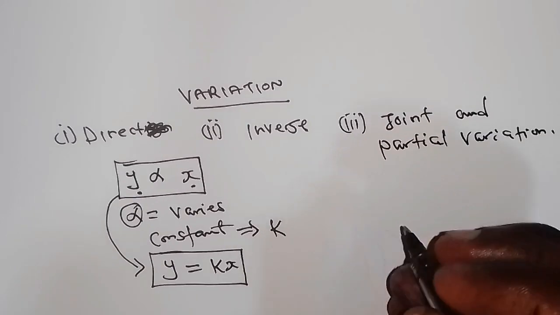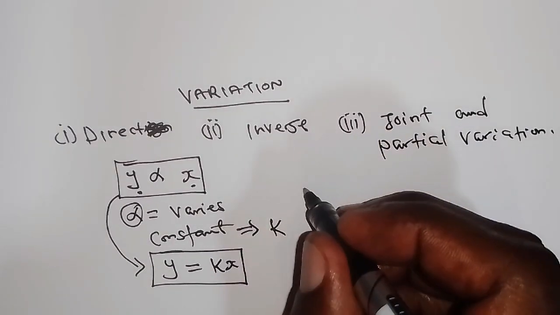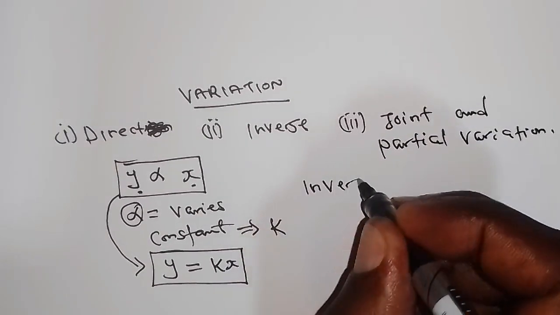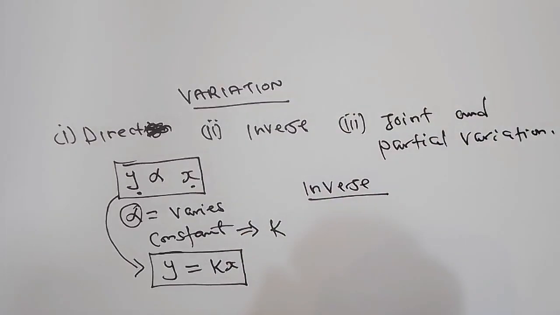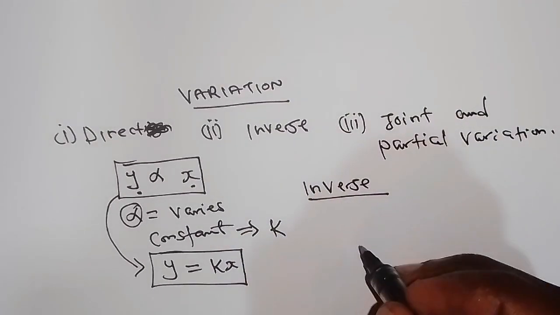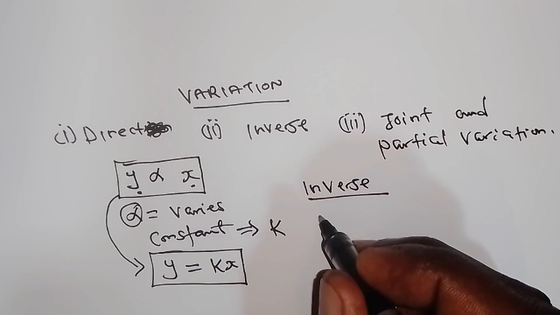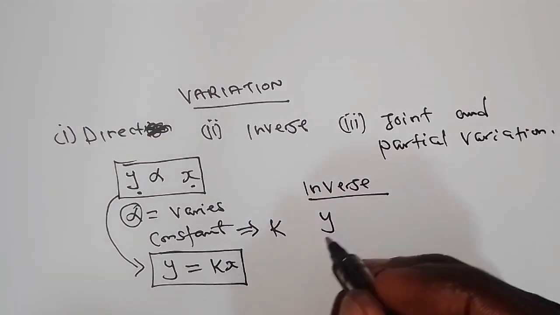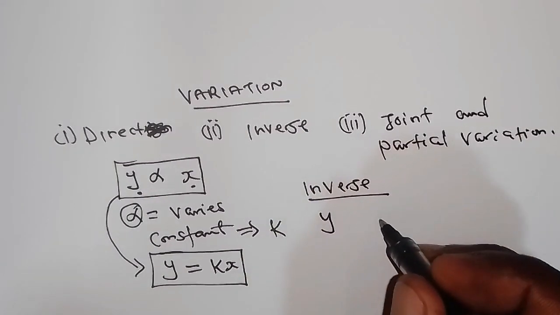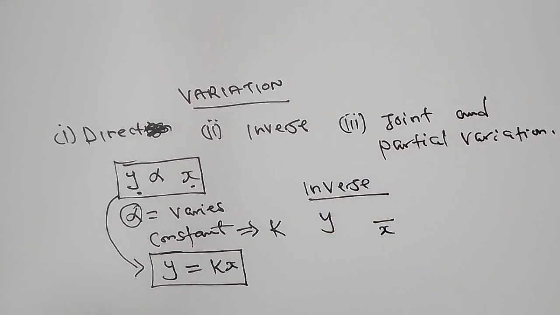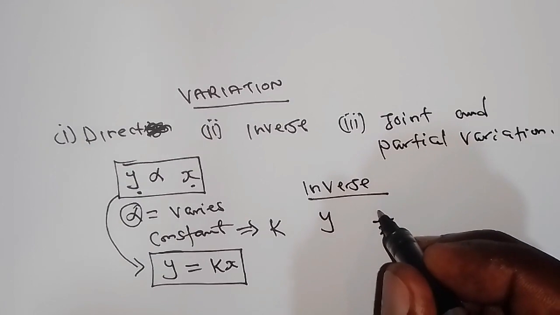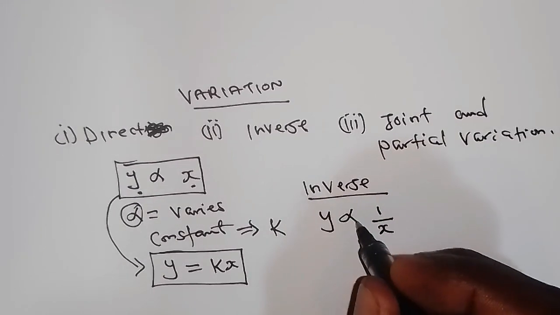And now inverse variation. Under inverse, you are going to say when this variable increases, the other one reduces. So it's a fractional thing, where you put 1 and then varies like that.